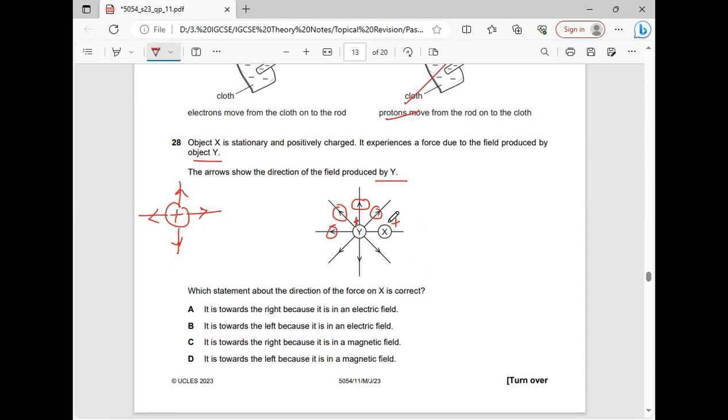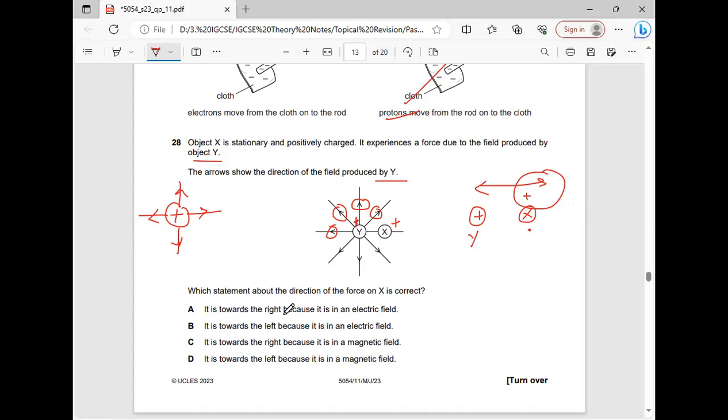Now these are like charges. This was Y, and this was X. It was positive as well. So like charges repel each other. This was stationary. Now, in which direction will it move?